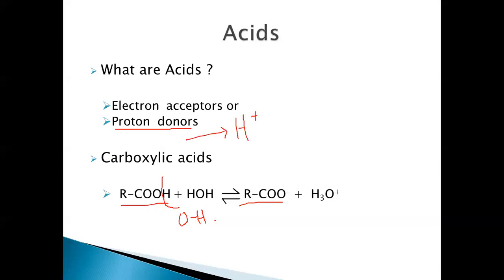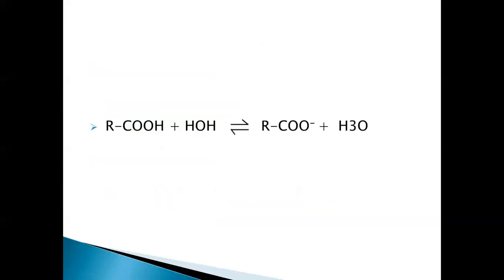The greater the ease, the greater is the acidity. So when will this acidity be more? When will the bond dissociation be easy? Let's understand this based on the example given here. If we are able to dissociate the OH bond easily, then the more acidic it is.